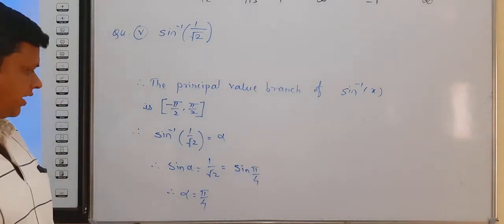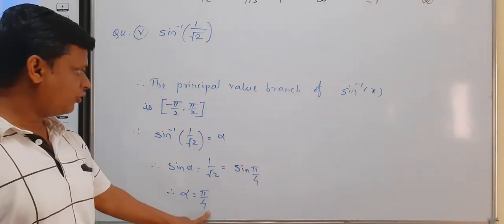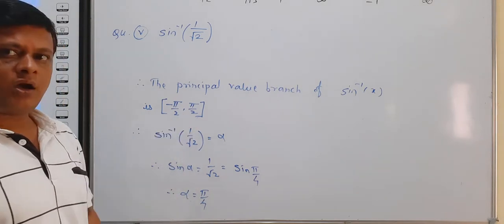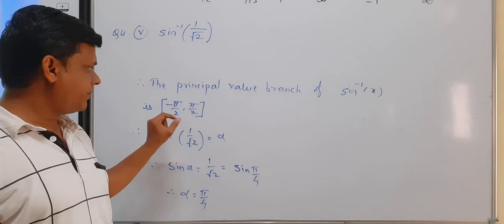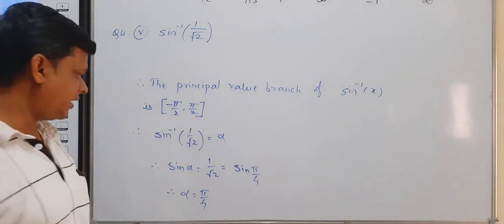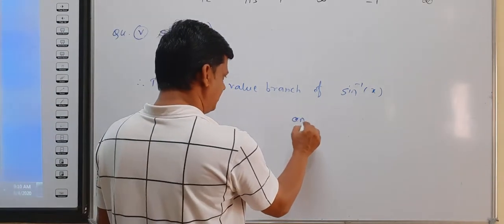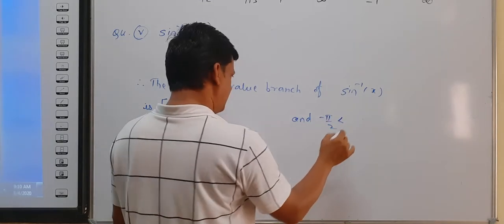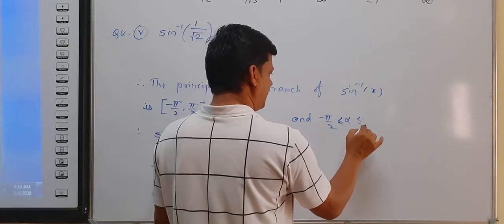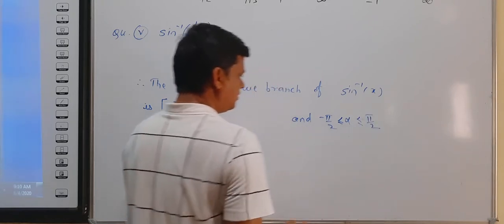Now we have to check whether this pi by 4 belongs to this closed interval or not. We know that 45 lies between minus 90 and plus 90, and minus pi by 2 less than or equal to alpha less than or equal to plus pi by 2.